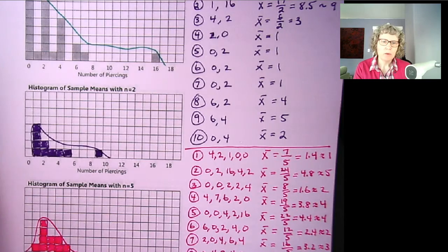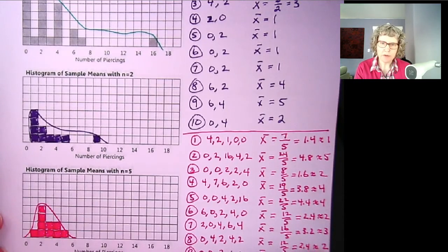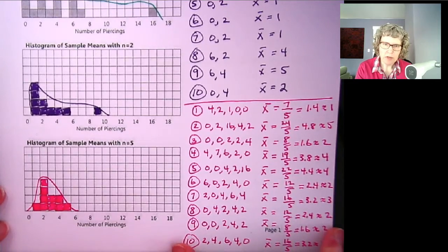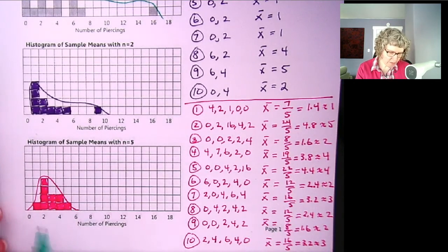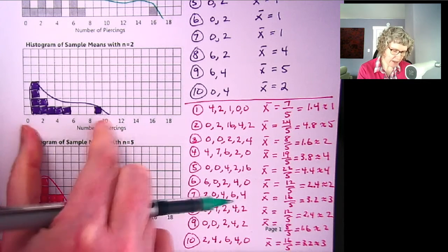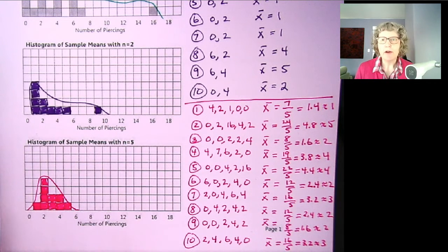Okay, so we're getting possibly more symmetric. We'd have to do more samples than 10 to really know, but it looks like possibly more symmetric. And also look how the range has gone down again. Now that we're averaging 5 people, we're getting more towards the middle.